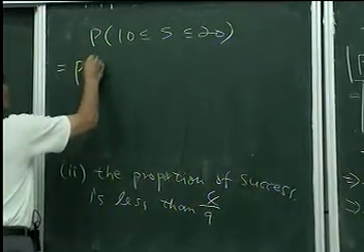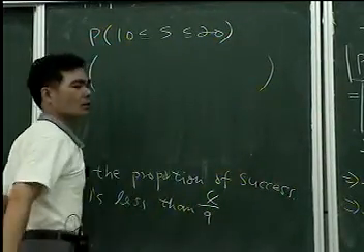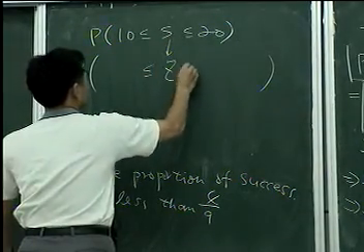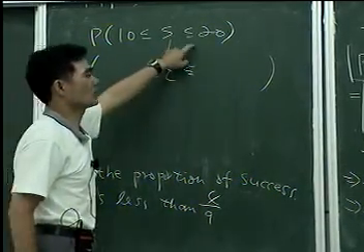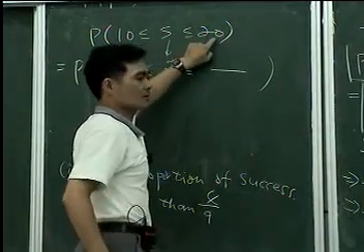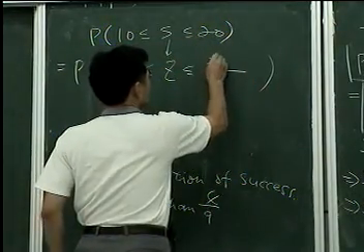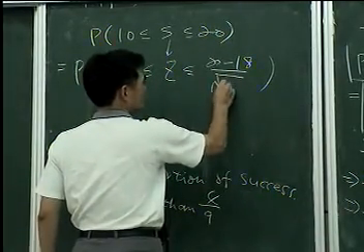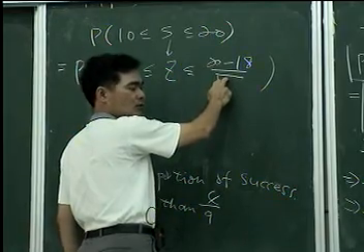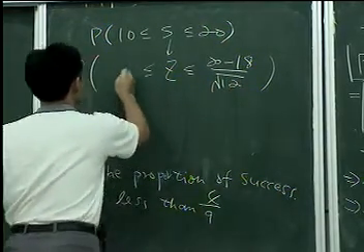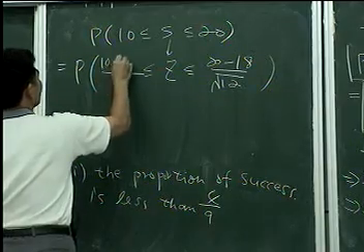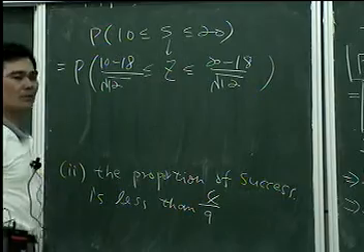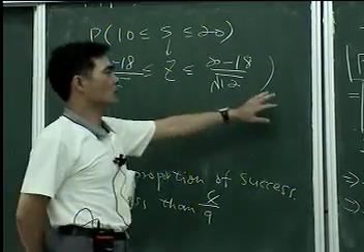But now we want to use the Z distribution, so you have to change S into Z. The number should be 20 minus 18 divided by the standard deviation, that's square root of 12. The same thing here: 10 minus 18 divided by square root of 12. So this is one way to deal with it.